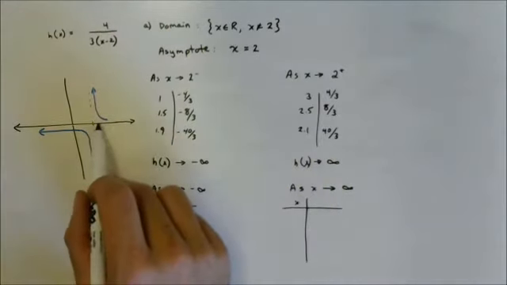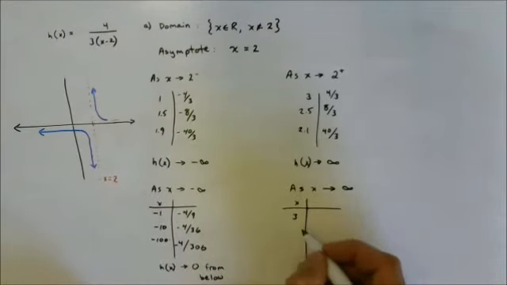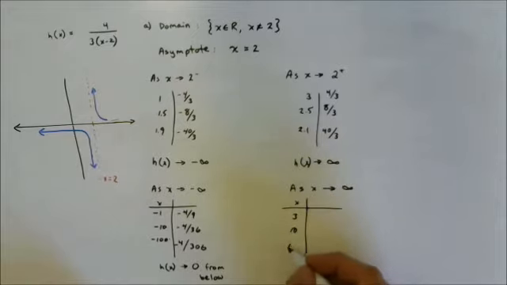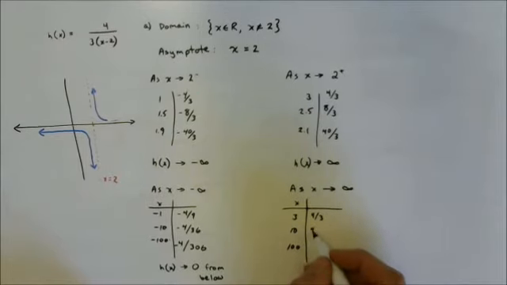I need to go to the right of the asymptote, obviously. So we're looking at 3, and then it doesn't really matter what else you put in. Put in 10, put in 100, as long as we're to the right of our vertical asymptote. So if I put in 3, I end up with 4/3. If I put in 10, I end up with 4 over 24.